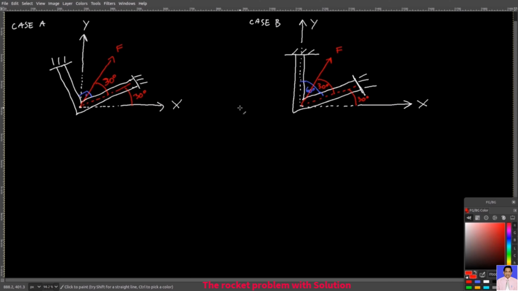If I ask you what compression forces both beams experience in both cases, then in case A, you can find that using the dot product. You define a general unit vector along this beam here.